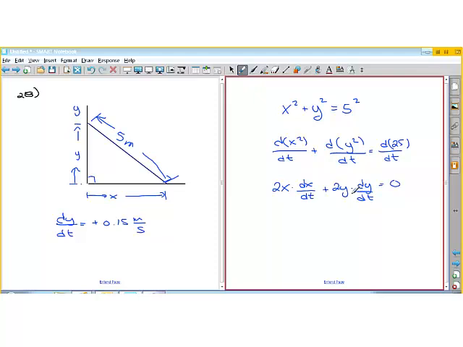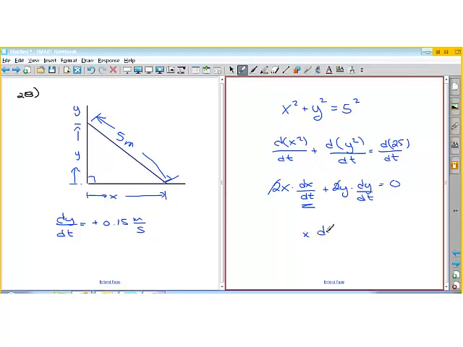So that's the relationship. We just have to solve for what they're asking, and they're asking how fast is the end of the plank sliding along the ground? Well, the ground is x, so we're going to solve for dx/dt. We can divide everything by 2 to get rid of those. This divided by 2 is 1, this divided by 2 is 1, 0 divided by 2 is 0. Now let's move this term to the right-hand side.